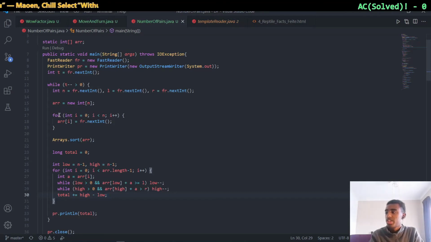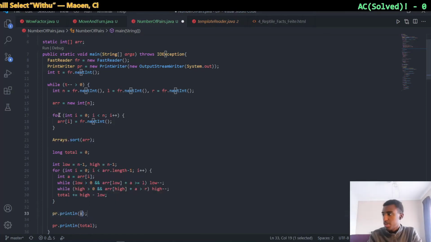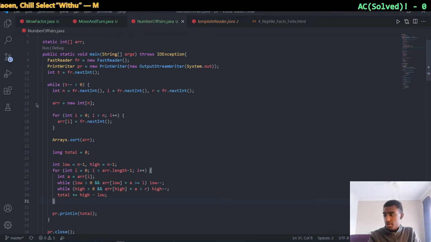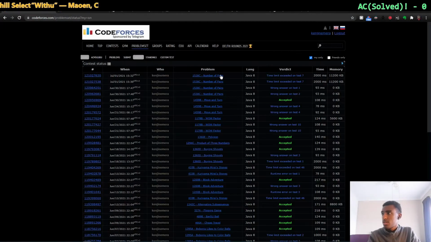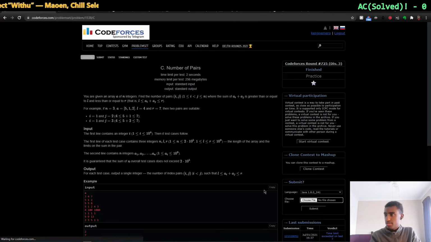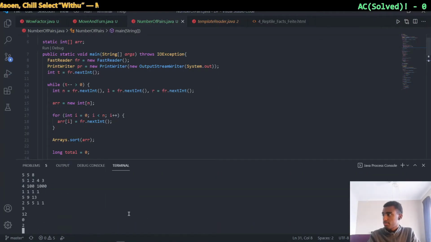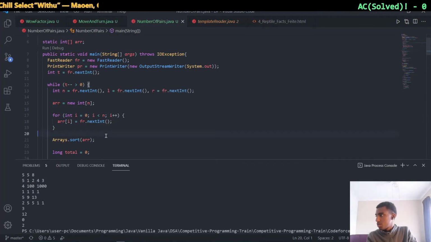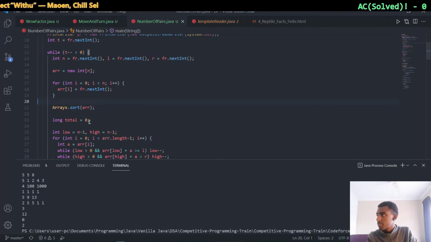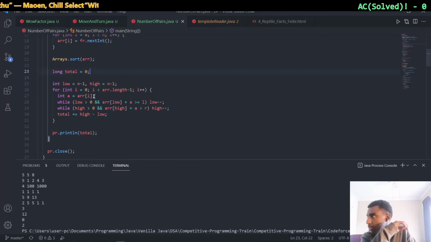Okay, she had an extra case, but I don't understand why. So let's see what happens here. So here, print line, yeah, total, it's already there. Okay, I've sorted it.